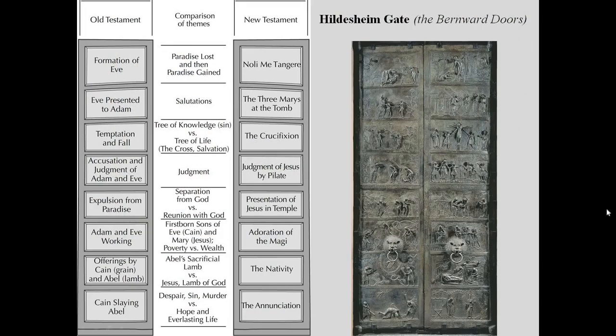Also, we should mention that the plots from the Old Testament on the left side of the doors should be read from top down, according to chronology, and on the right side from the bottom up. The left door depicts the increasing estrangement of humanity from God, from top to bottom: the creation, the fall, Cain's murder of Abel.